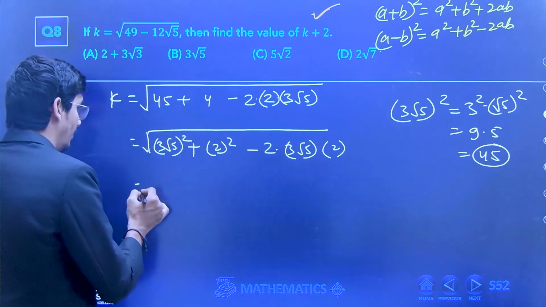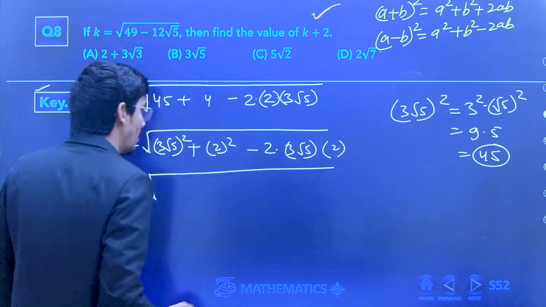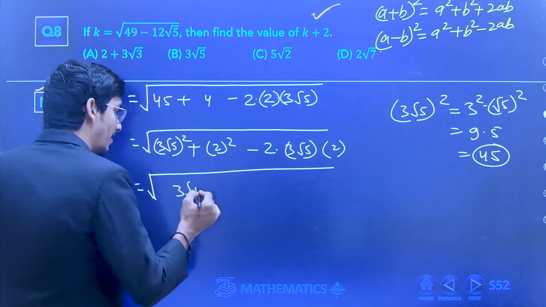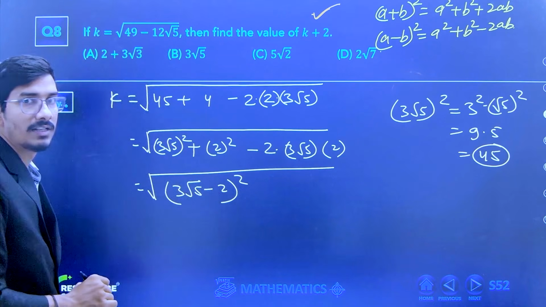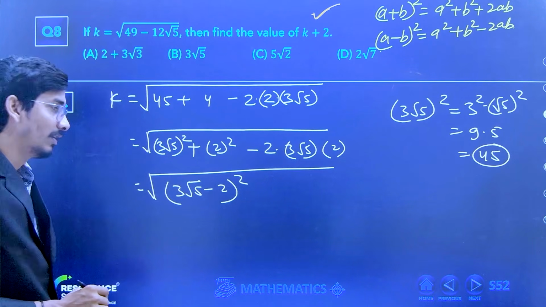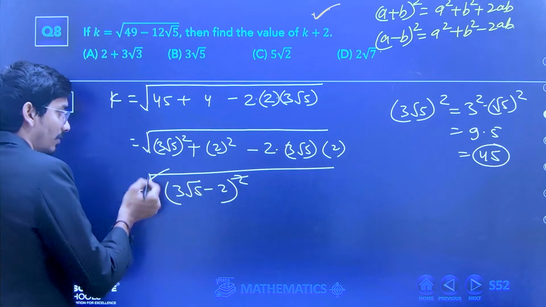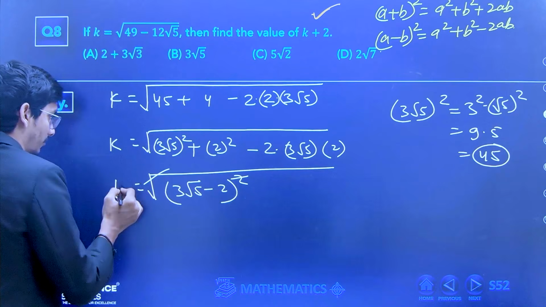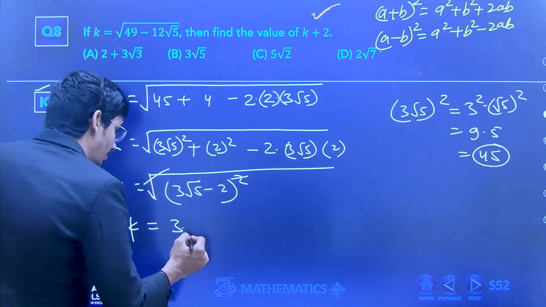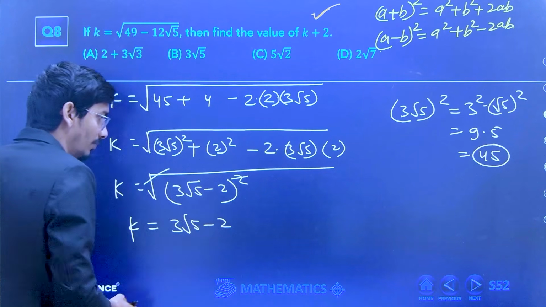So we are getting a minus b whole squared. This is a square and this root will cancel. So what remains? K equals 3 root 5 minus 2.